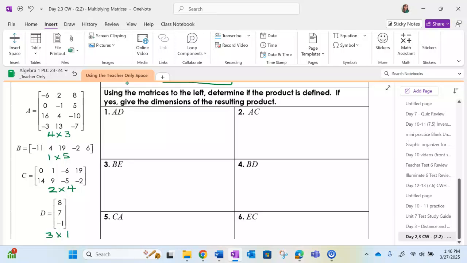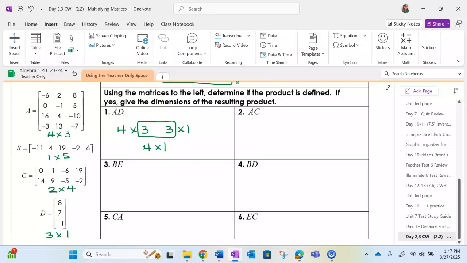So we're going to multiply A times D. And all I want you to do here is determine if the product is defined. A is 4 by 3 and D is 3 by 1, and these 2 in the middle are the same, so the resulting product will be 4 by 1.